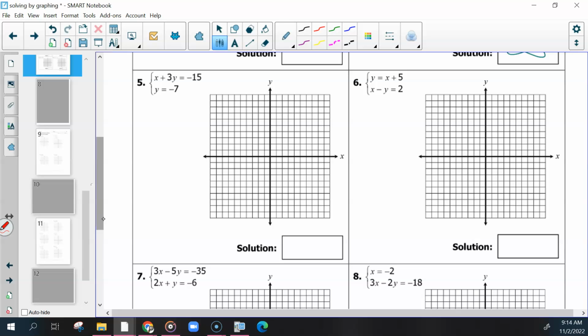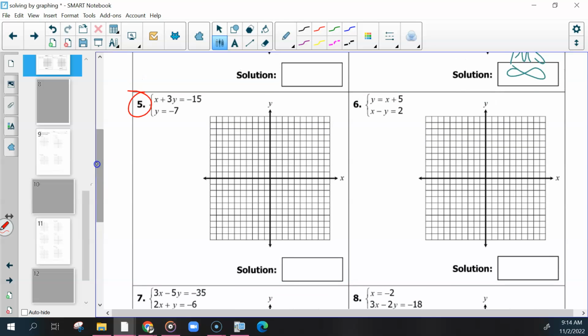On which page? 5, and then if there are any others, we'll come back.